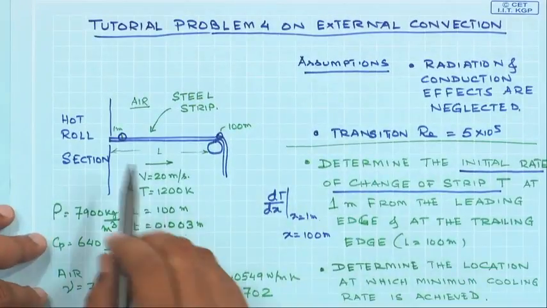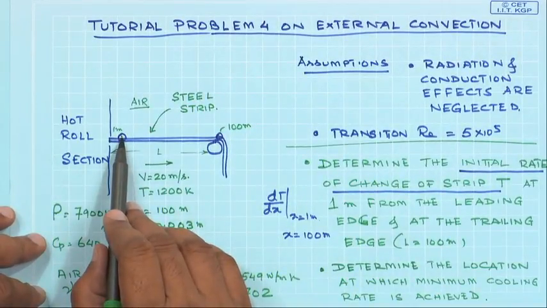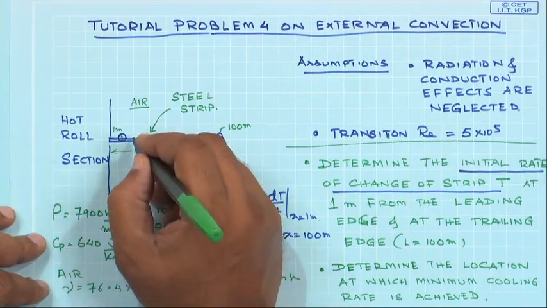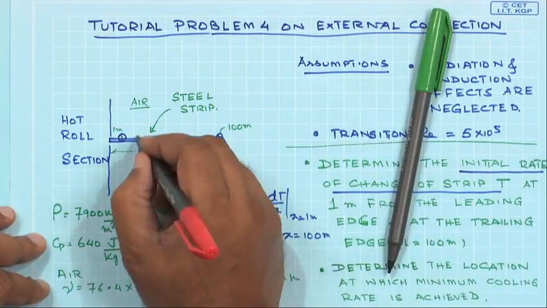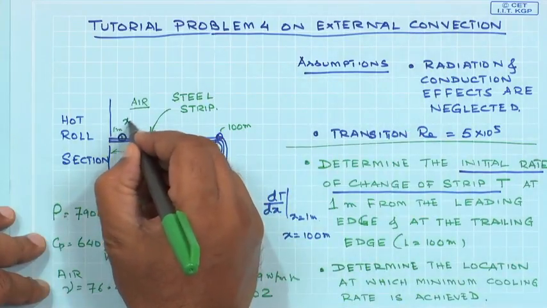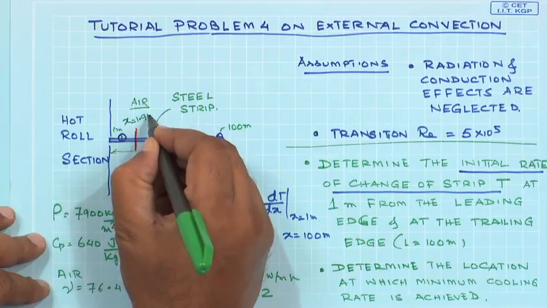So, if we go back to our original figure, we calculated that at 1 meter it is laminar and we got some value of dT/dt. At 100 meter it is turbulent, so we got some other value of dT/dt, but this point corresponds to x equals 1.91 meter.